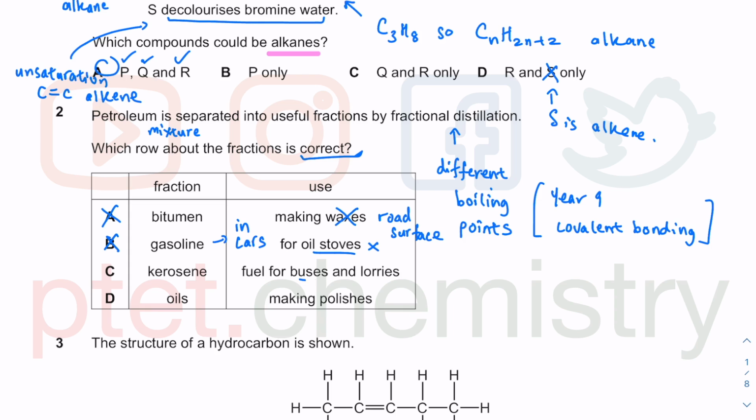Kerosene is not used for buses and lorries, but we are really using kerosene for aircraft fuel, for aeroplanes, that kind of stuff. And last but not least, these are lubricating oils and stuff, so you can use it to make polishes or stuff. So that one is definitely okay there.